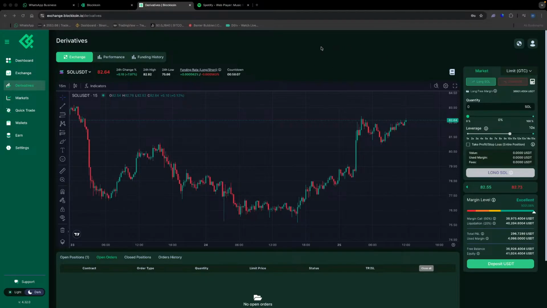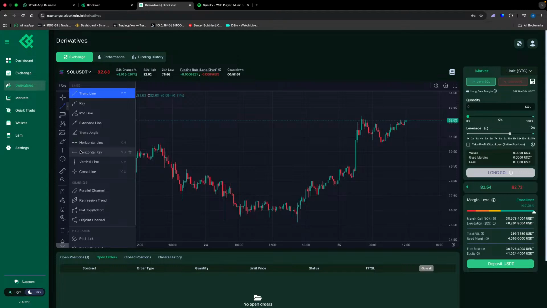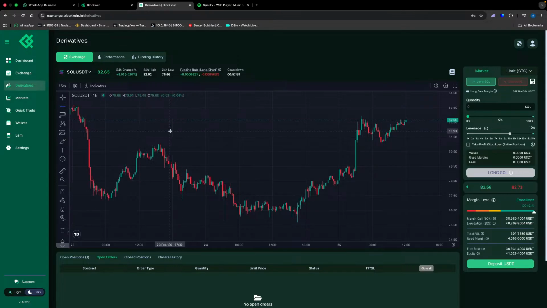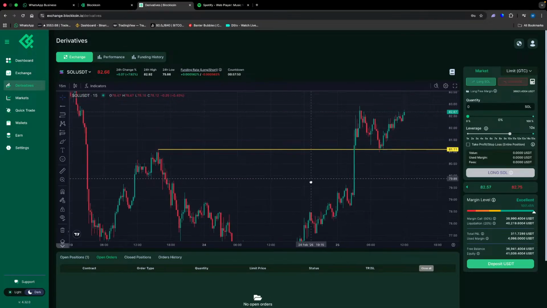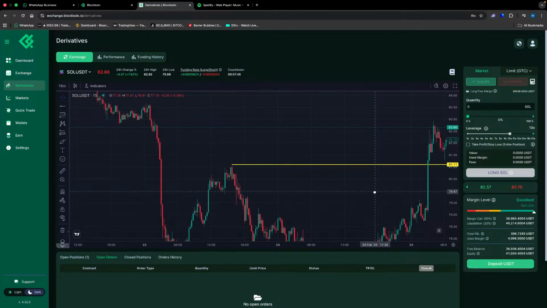So visually, how does that look? I'll show you guys now. So for this example, we'll be looking at the resistance on the 15-minute of Solana over here. So that is my resistance, and as you can see over here, I'll just move the chart to the side.